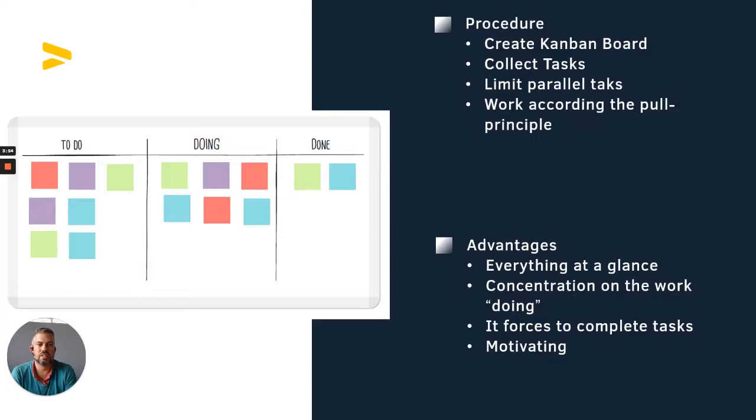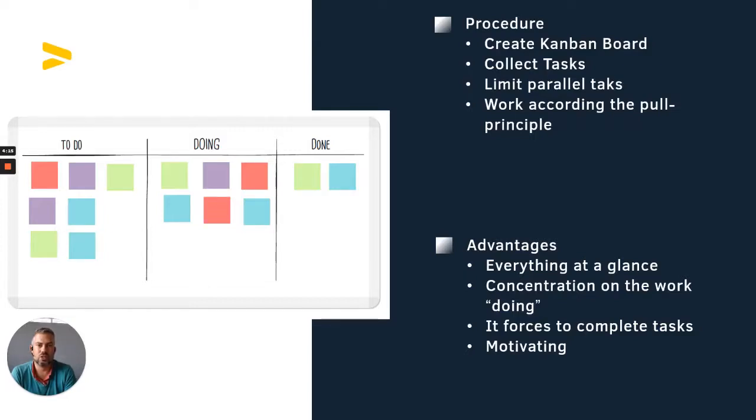So think of this limit on work in progress, and that I'm not moving tasks from to do to doing just to fill up doing, but only take a new task from to do if I finished one in doing.